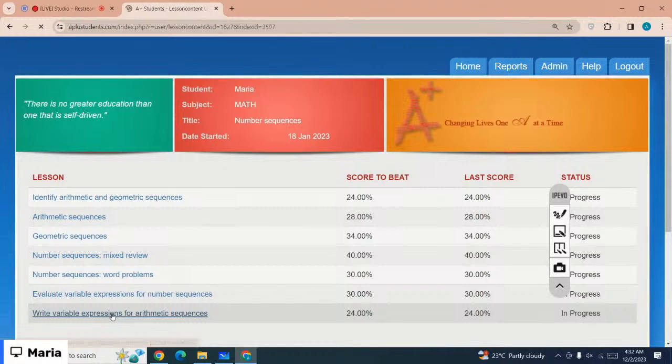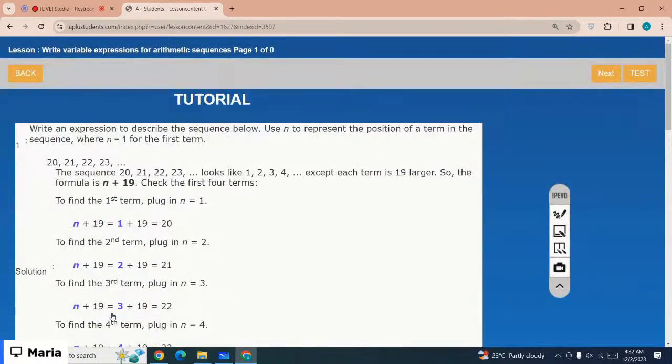Okay, you're given the sequences now, right? You have to write the mathematical expressions for those sequences. So let's just see how we write the mathematical expressions for those sequences, right? So let's just start with the first example.